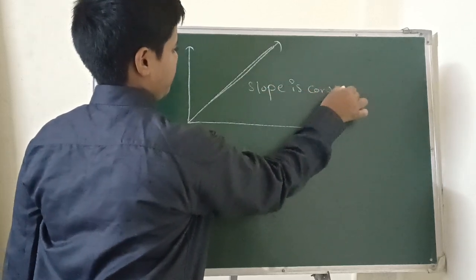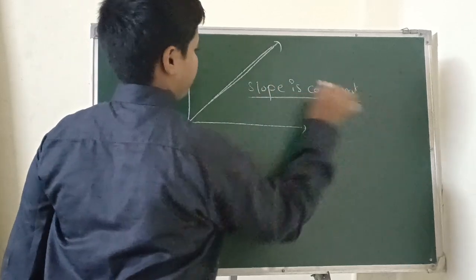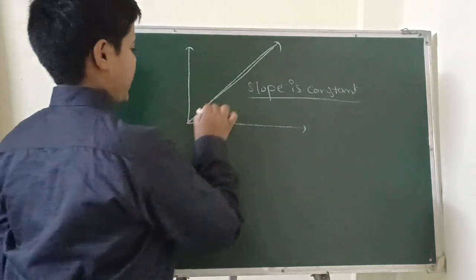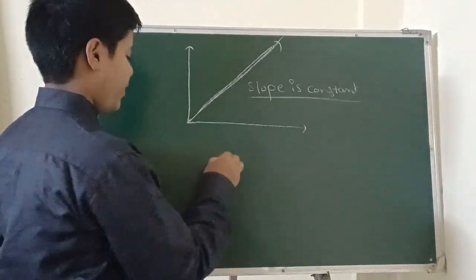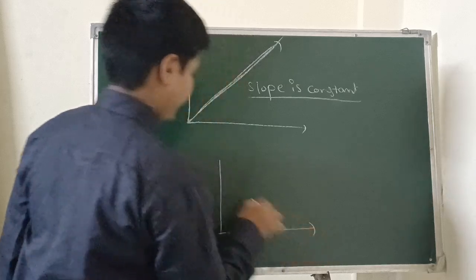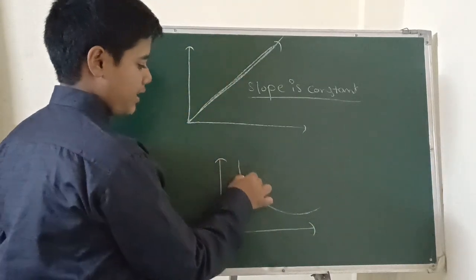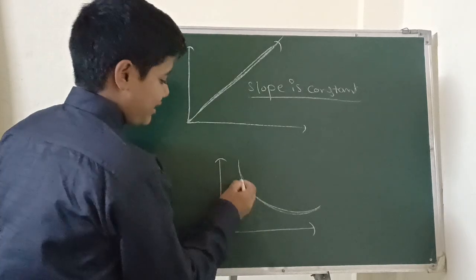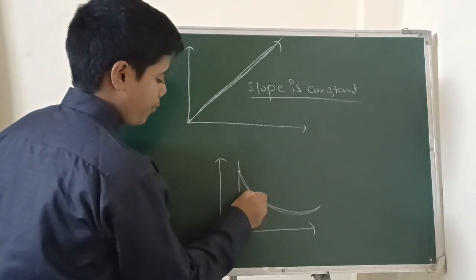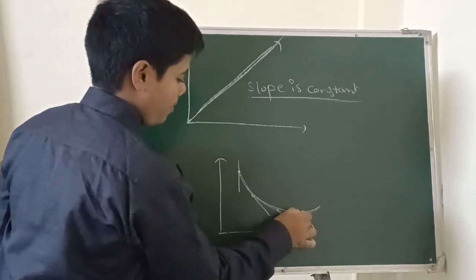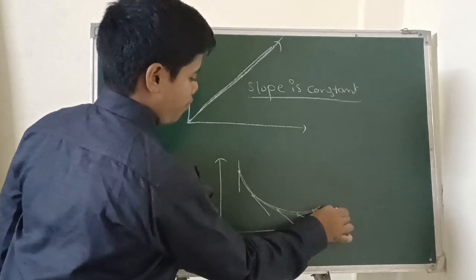Slope is constant if a straight line is there. But if there is a curvy line like this, the slope varies from point to point.